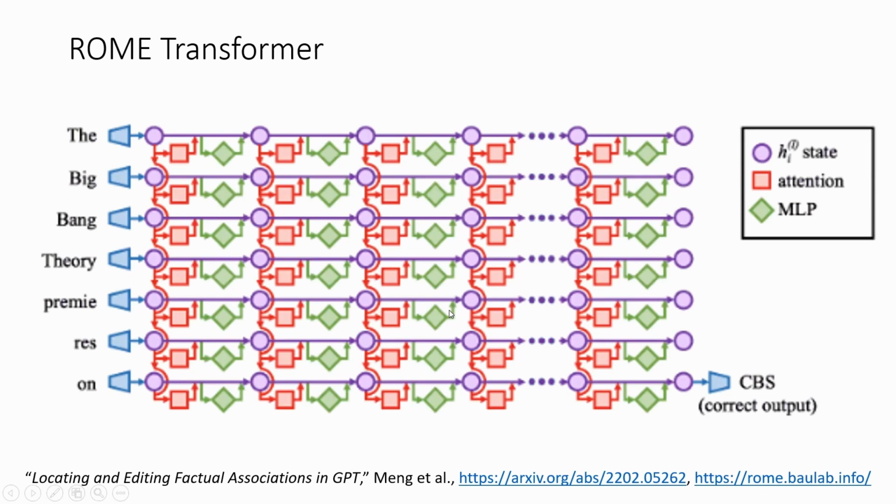So there's some fuzziness to the location. But basically what they found was the last token of the subject is usually the prime spot. So in this case, it would be "theory," token 4, and in the middle layers is where this information seemed to be stored.